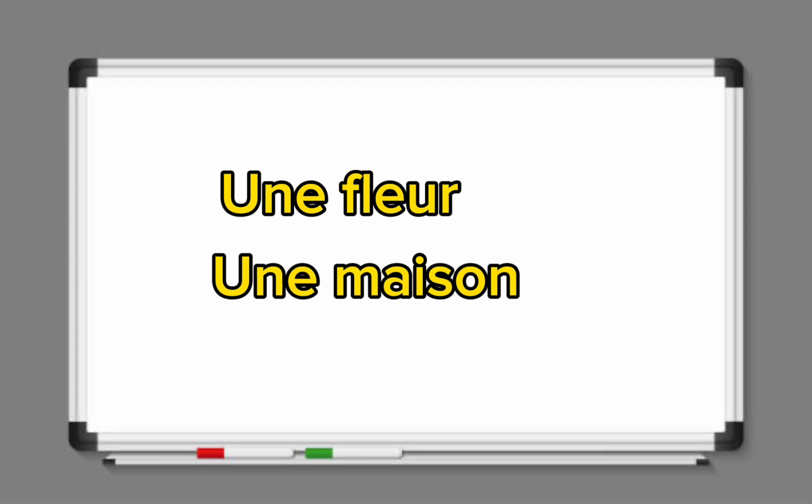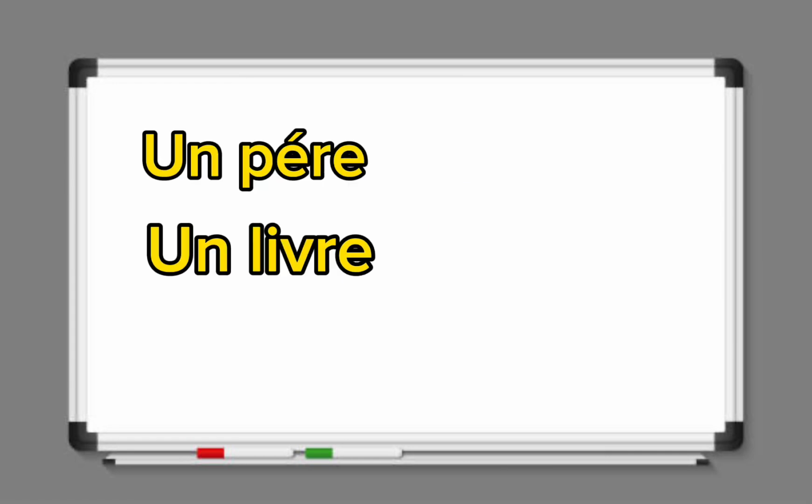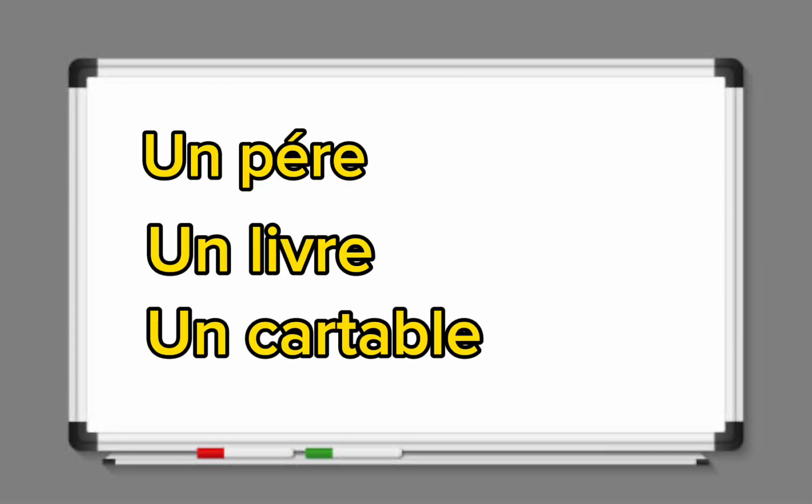But these nouns do not end with letter E. So we cannot apply the general rule here. But these are feminine. That's why I mentioned you cannot use that general rule always because of these exceptions. And also you can see these are masculine singular nouns, but these nouns end with letter E. So you cannot use that general rule with these nouns.